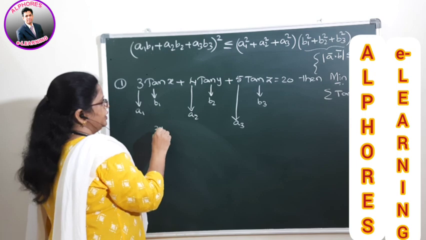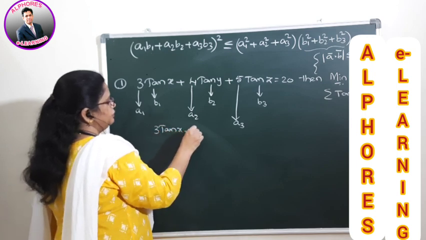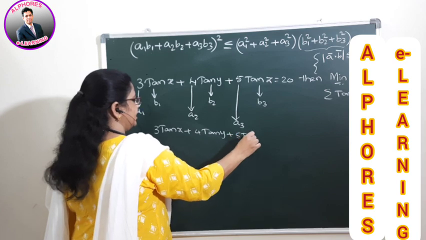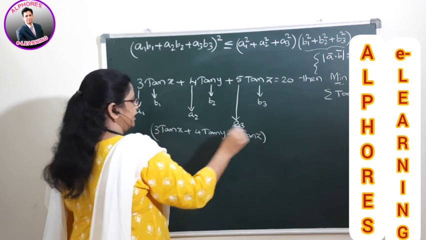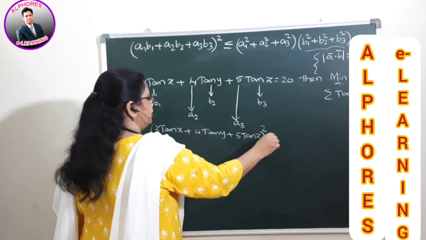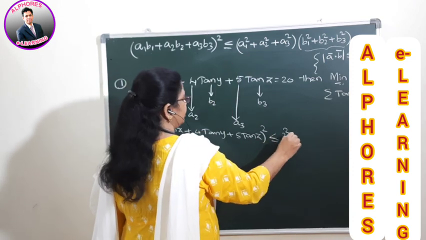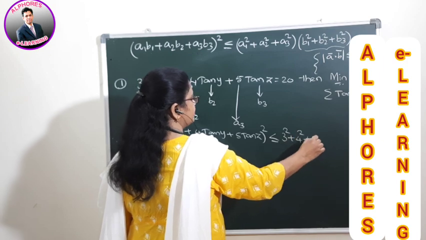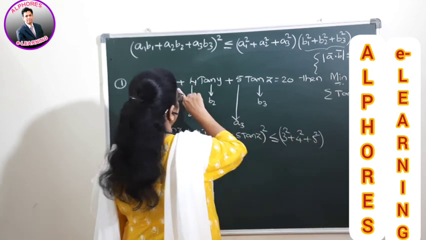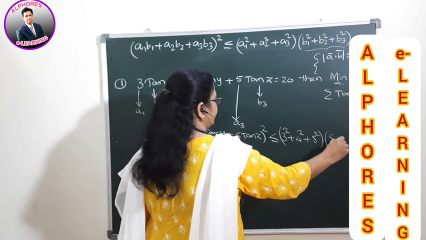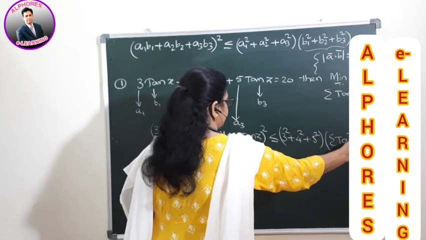Then 3 tan x plus 4 tan y plus 5 tan z, this entire value whole square, is less than or equal to, what about our a1, a2, a3 here? 3 square plus 4 square plus 5 square into tan square x plus tan square y plus tan square z, that is nothing but sigma tan square x.